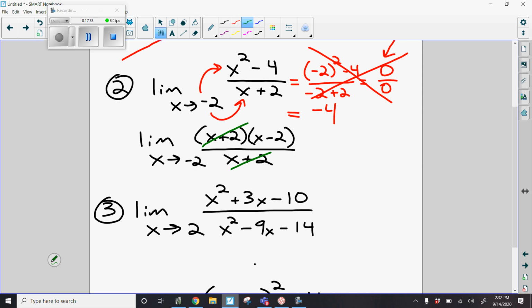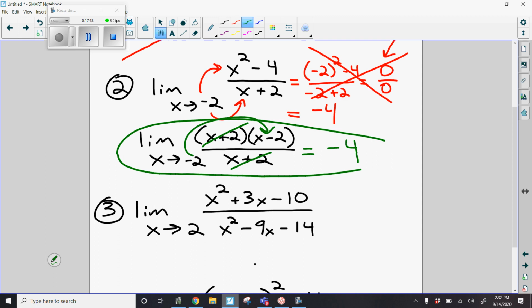Once I cancel those out, now I can replug in my number. And when I plug in -2, I get -2 minus 2, which equals -4. And that's my answer to this problem. Okay, so we factored and we canceled to get out of that tricky 0 over 0 situation.